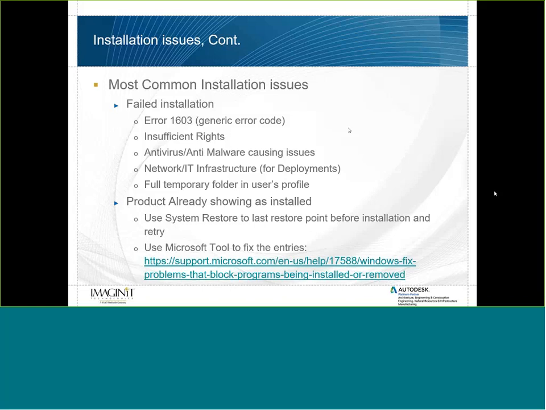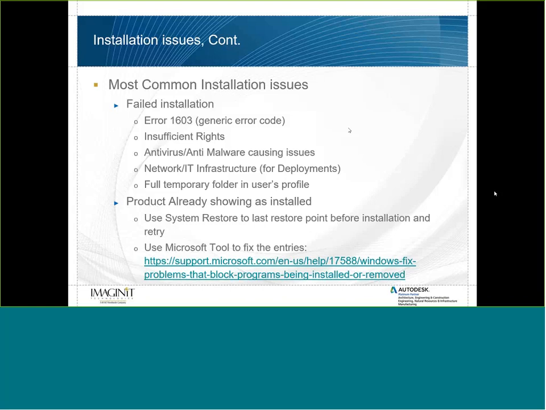If you don't have that go-back point or the system restore point, there's a Microsoft tool to fix the entries. It fixes problems that block programs from being installed or removed. When it fires up, it says, what are you trying to do? I'm trying to install or uninstall a program.